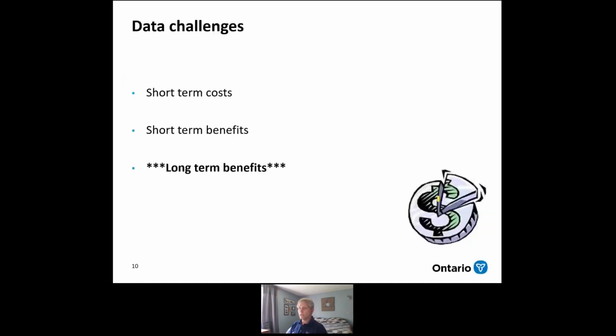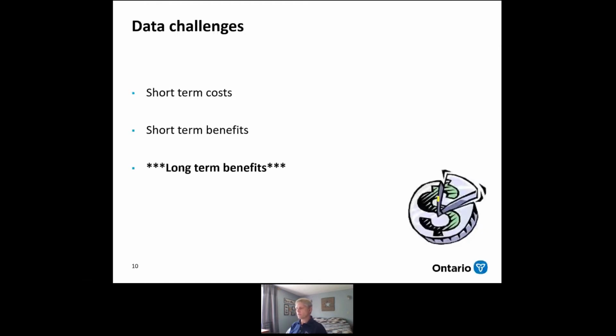So let me take a minute here to address the data challenges. The short-term cost, or the cost side of things, actually tends to be almost the easier area to calculate or measure. It's when you get into the benefit side of things, and a lot of that comes out of the research that you folks are doing, trying to determine what those benefits are, especially when you're looking at long-term benefits.